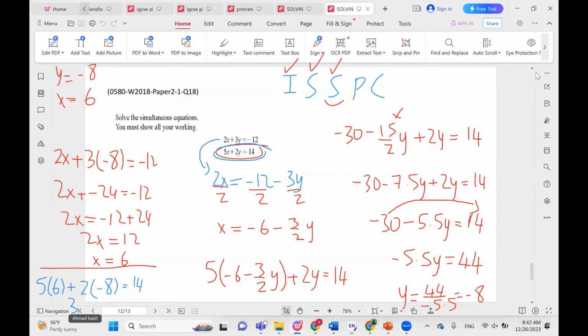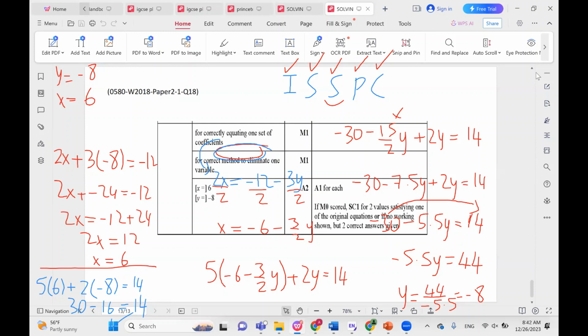So 30 minus 16 equals 14. This is a correct statement. So we're done as well with plugging and checking, and we've obtained our final answer of x equals 6, y equals negative 8.